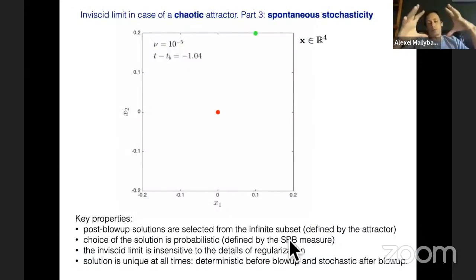The probability measure is unique, but the specific regularization is not. So in that sense, the system spontaneously becomes probabilistic. It is deterministic until blow-up, and after blow-up we will have a unique continuation as a probabilistic measure. So only in a probabilistic way. So I think that's it for today.